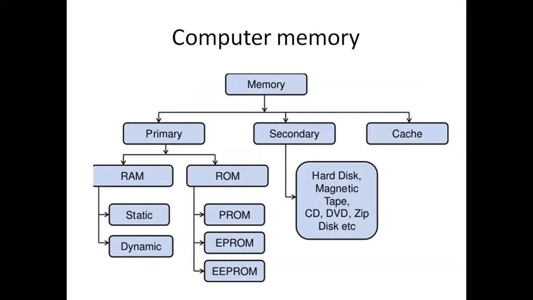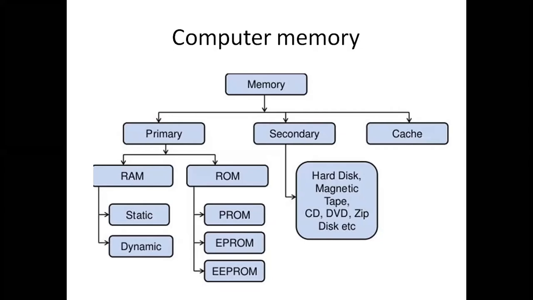In primary memory, there comes RAM, static and dynamic RAM. RAM is of two types, static RAM and dynamic RAM. We will discuss what static RAM and dynamic RAM are also. In the primary memory section, another type of memory is read-only memory, ROM.